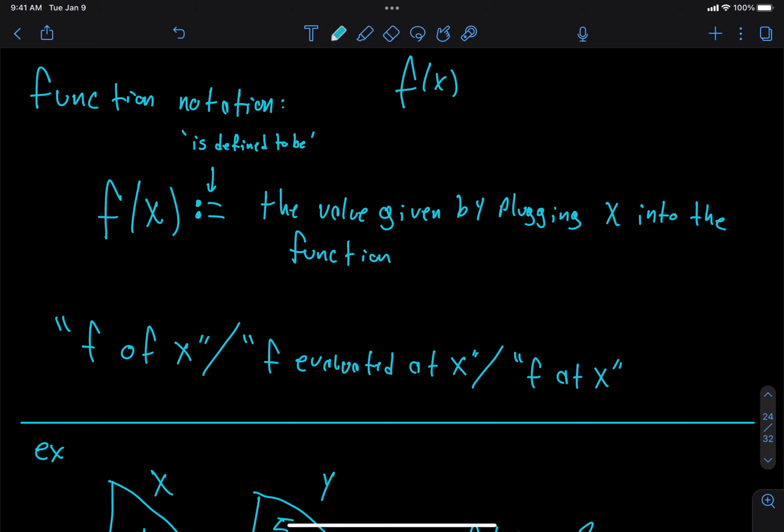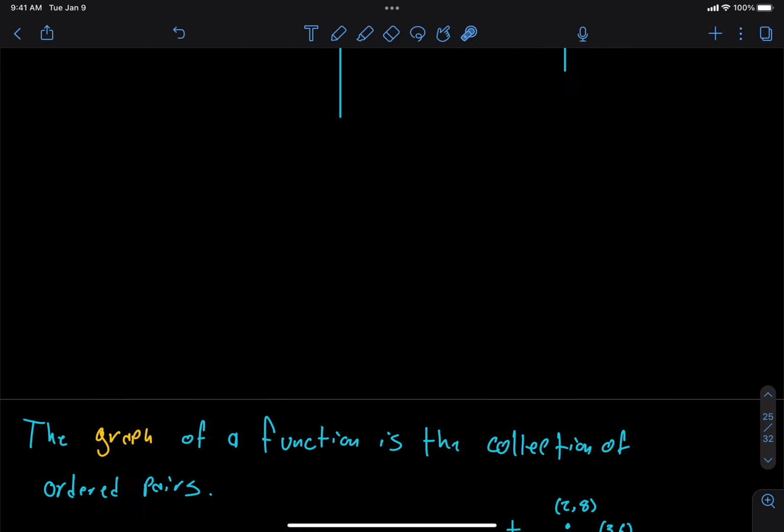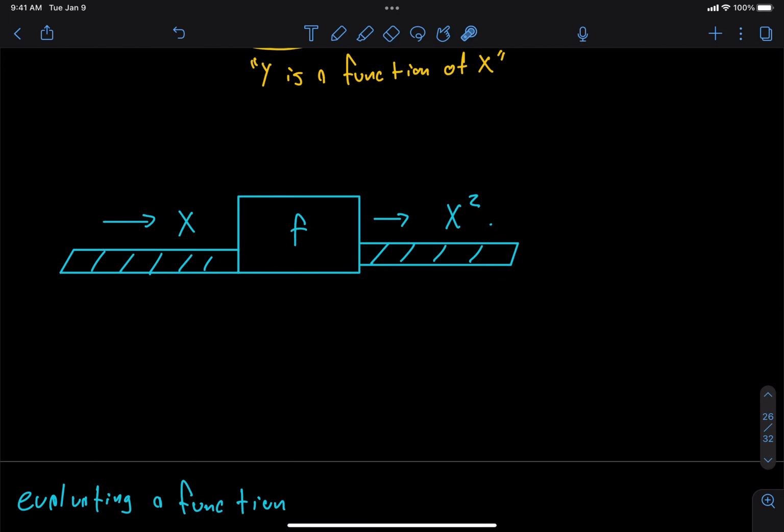So the function is called f. We plug in a number x, and then via our conveyor belt, out pops something which we call f of x.